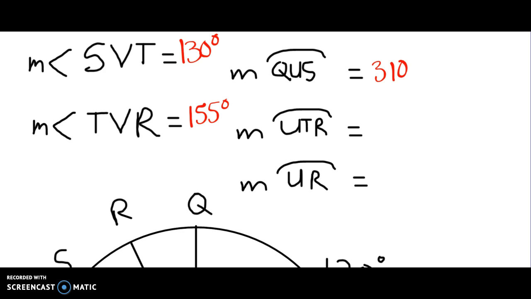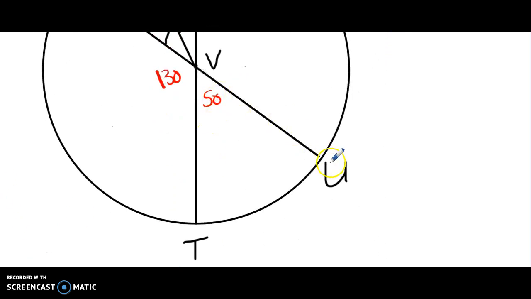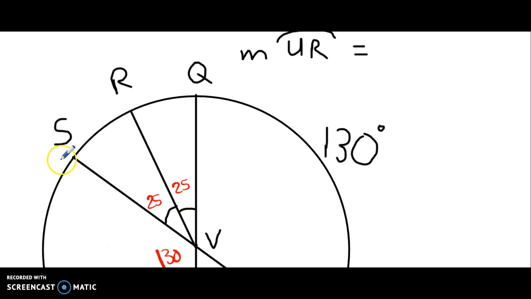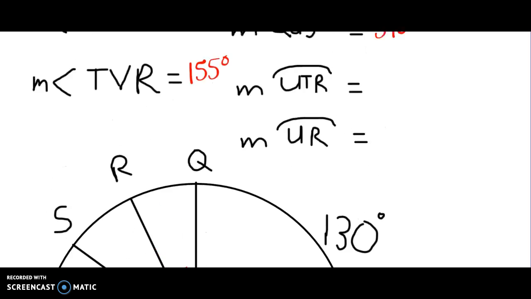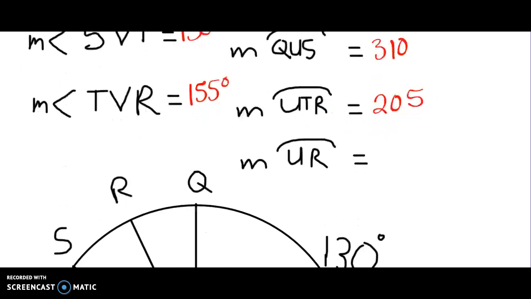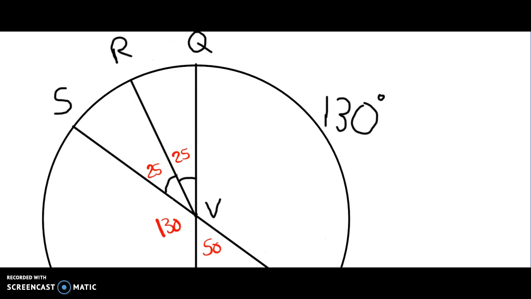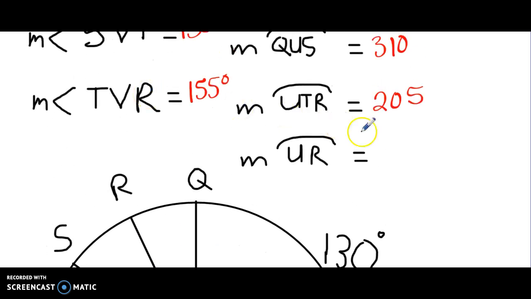If I'm looking from U to T to R, U to T is 50, plus 130 is 180, plus 25 is 205. And then if I'm just looking from U to R, it's going to be 130 plus 25, and that's 155.